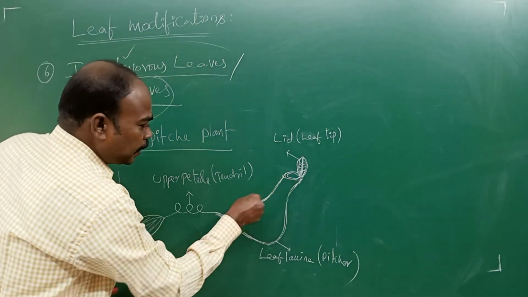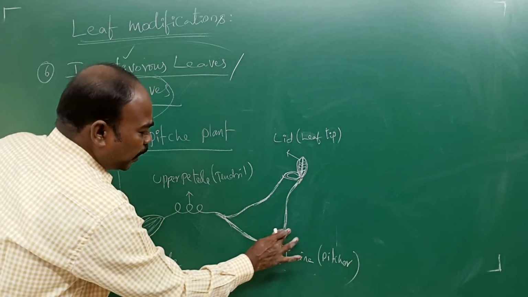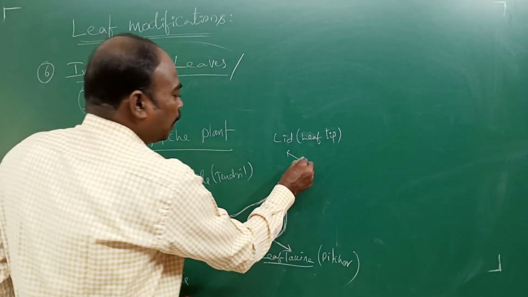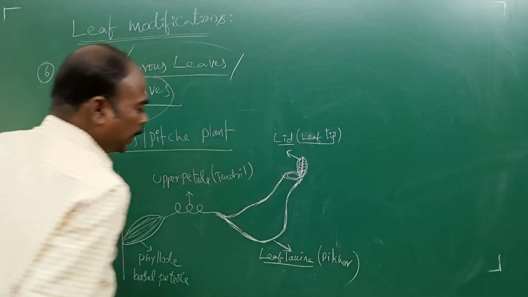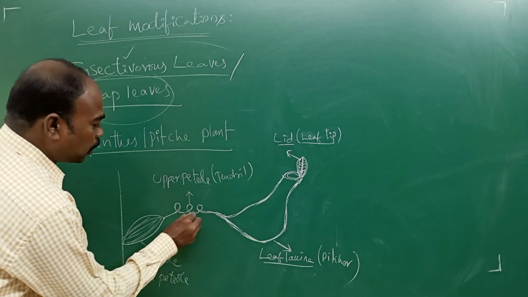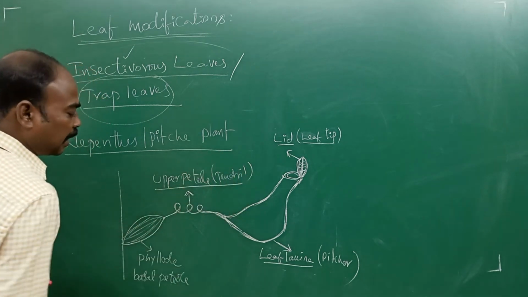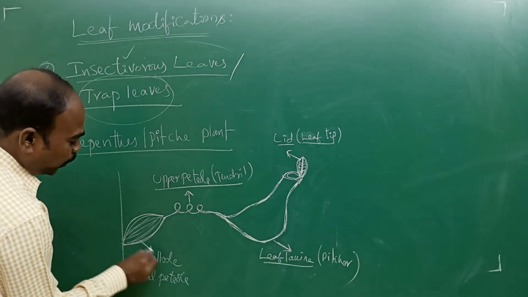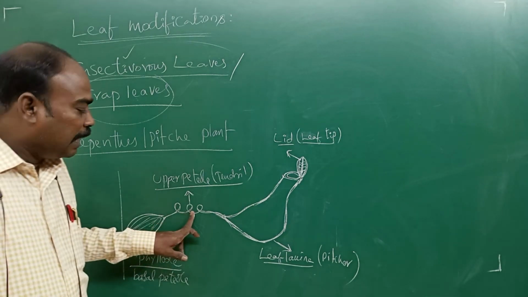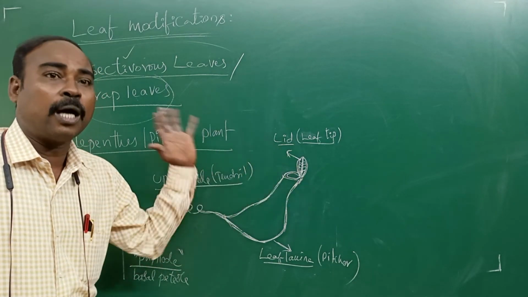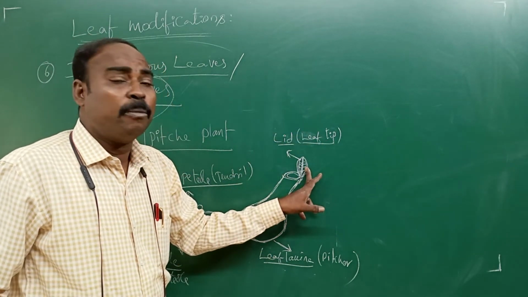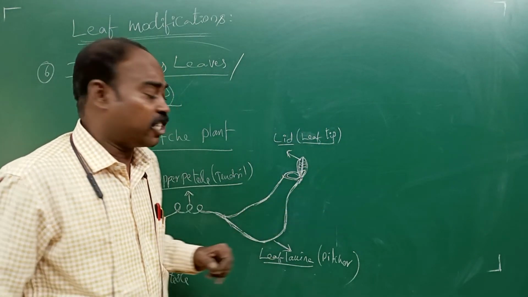So you see here, the leaf lamina gets modified to pitcher, the leaf tip is modified to a colored lid, the upper part of the petiole to tendril, and the lower part of the petiole is modified to phylloid. So phylloid performs photosynthesis, tendril is useful to bring the pitcher to a varied length, and the pitcher is useful to trap the insect, and the immovable colorful lid attracts the insect.